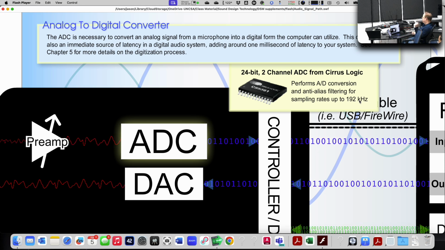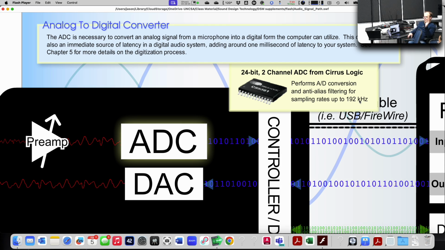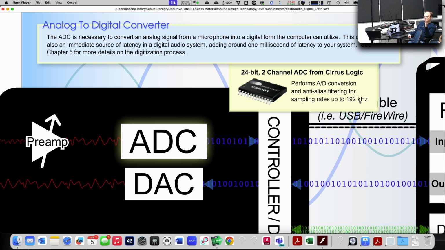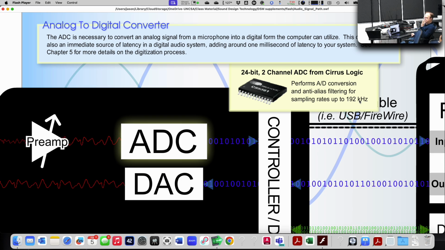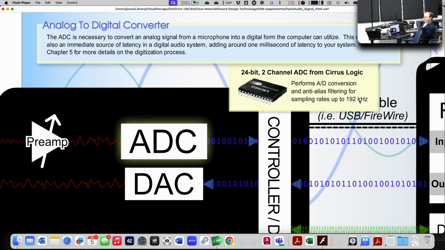Pretty good converter. It's going to look at that voltage 192,000 times a second, if that's how fast you want it to do it. And it will take a look at that voltage and assign a digital number to that. A 24-bit number, and it just keeps doing that.